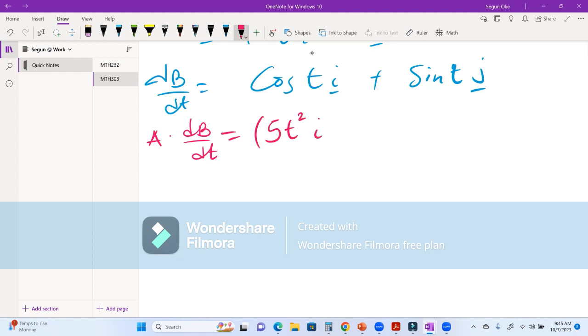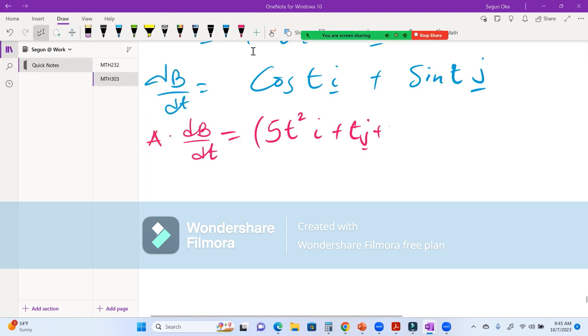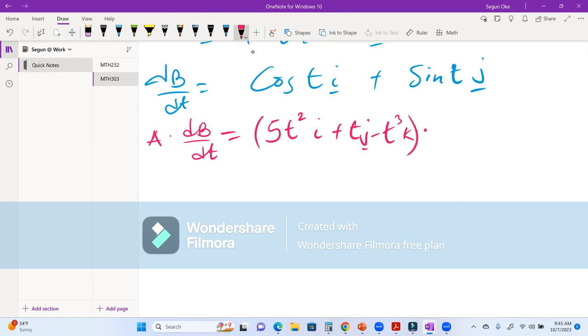What is A? A is the question you are given: 5t squared i plus tj minus t cubed k, dot dB/dt, which is cos t i plus sin t j plus 0 k, because k is not there.